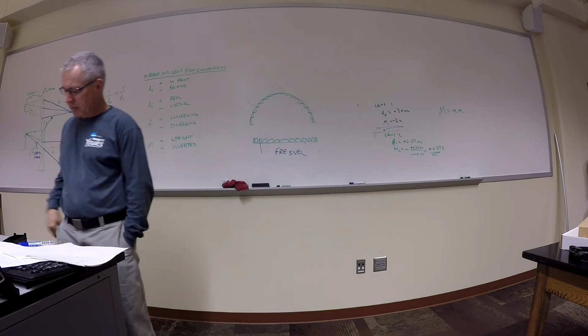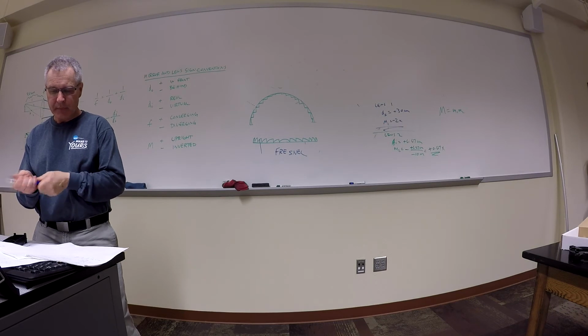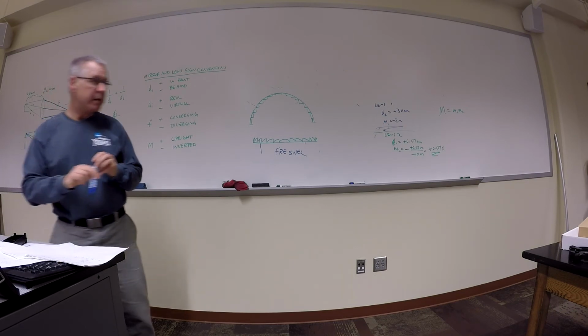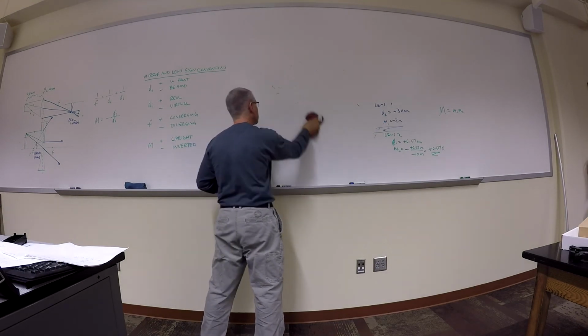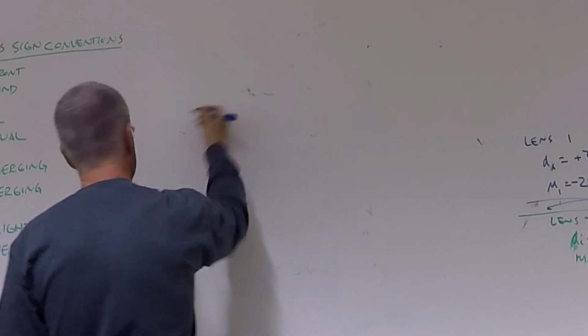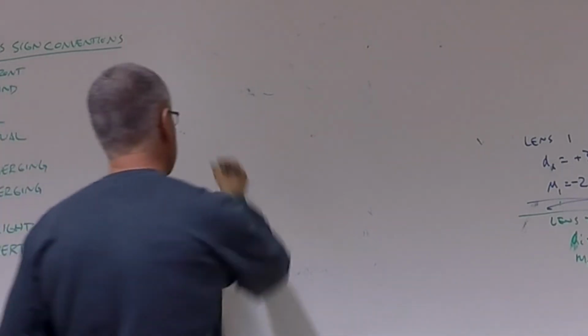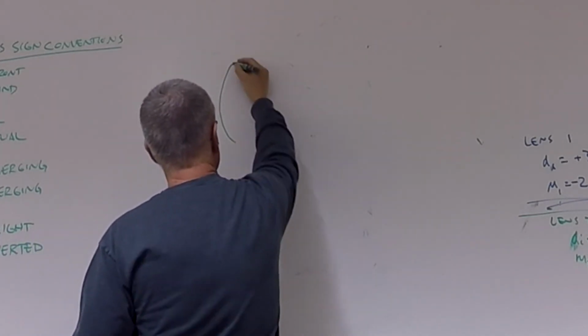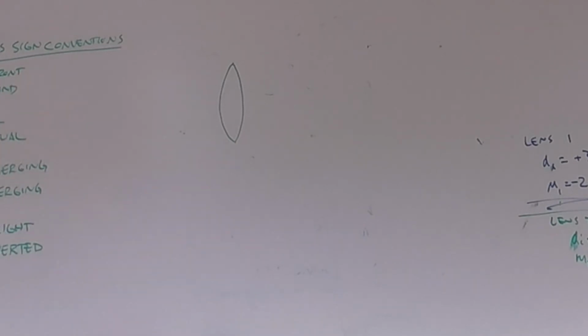There's two other issues with lenses. One is called, well, let's see what the issue is, then we'll figure out what it's called. Let's say I've got a lens, and I look at the rays going through there and how they're going to focus.